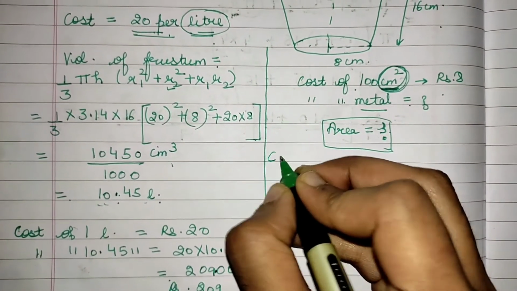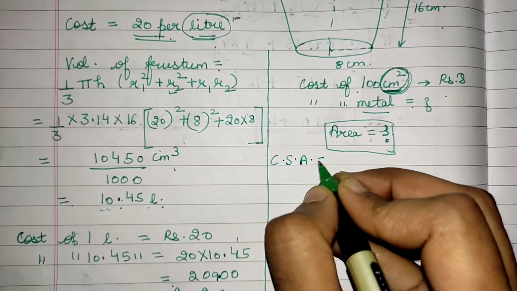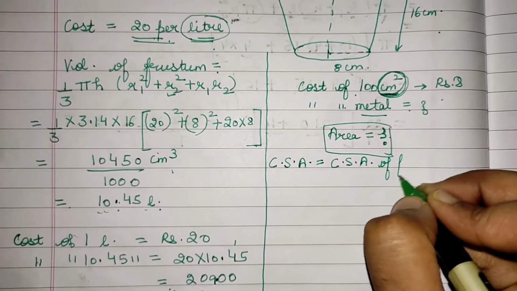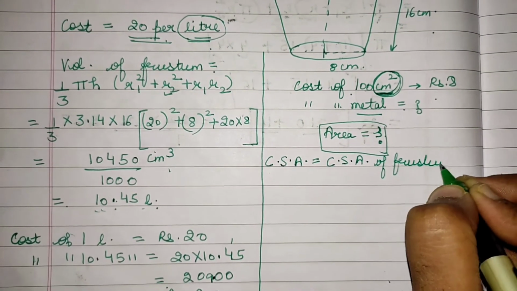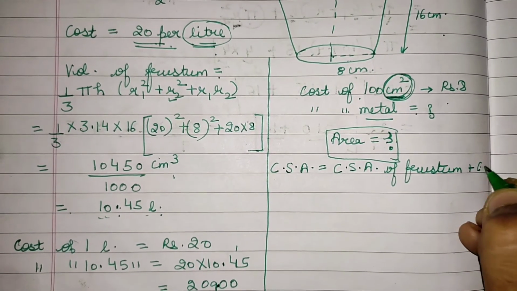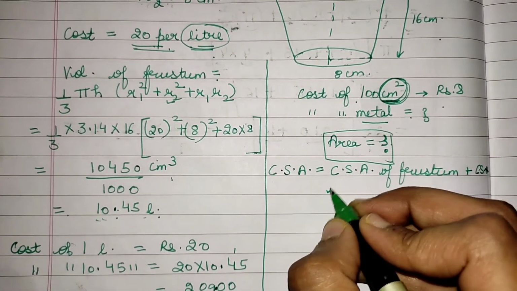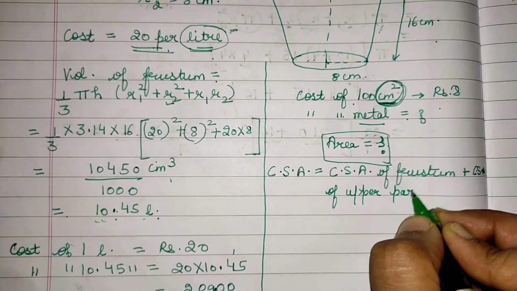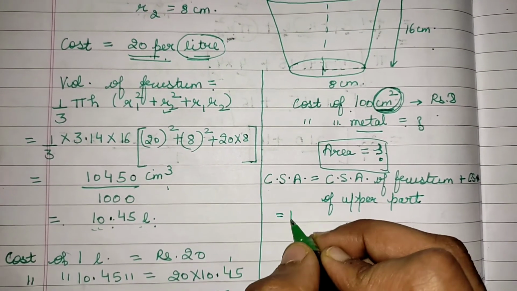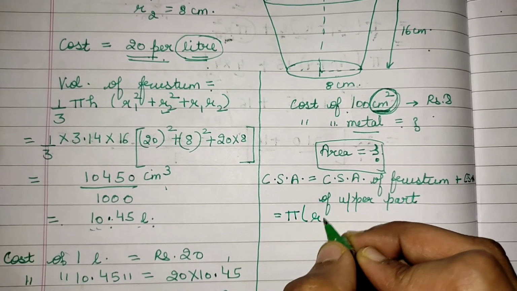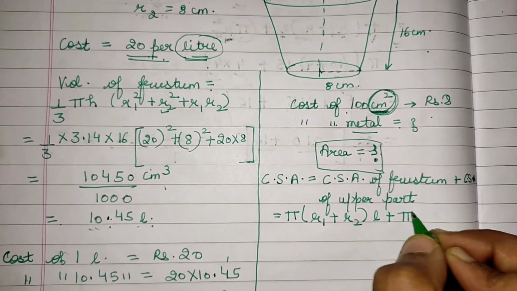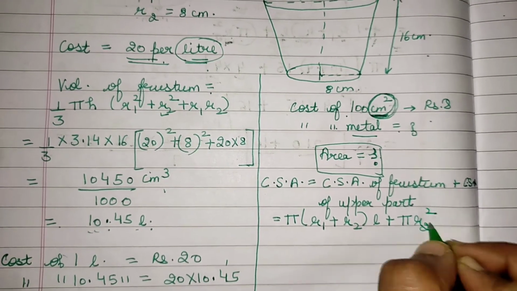Similarly, we have to find the cost of the area. This is the curved surface area. I have told you that this time you have to consider the area of two parts: the curved surface area of the frustum plus the area of the bottom part, which is closed. So pi into R1 plus R2 into L plus pi into R2 square.